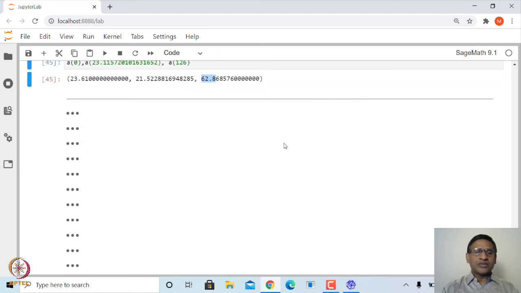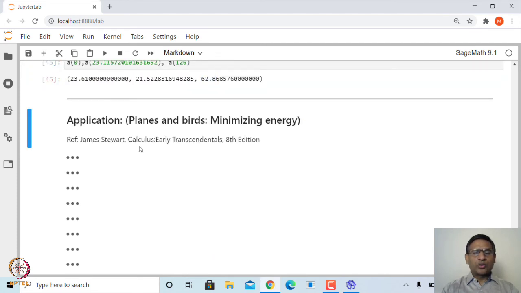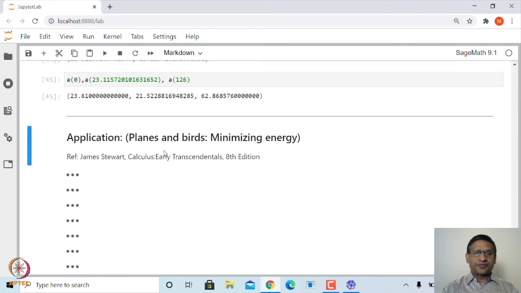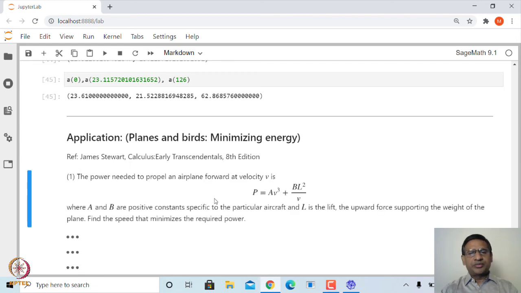Okay. Now, let us look at one more problem as an application. This is again taken from this James Stewart calculus book. This is regarding planes and birds minimizing energy when they fly. The first problem in this is that the power needed to propel an airplane forward at velocity v is given by this.